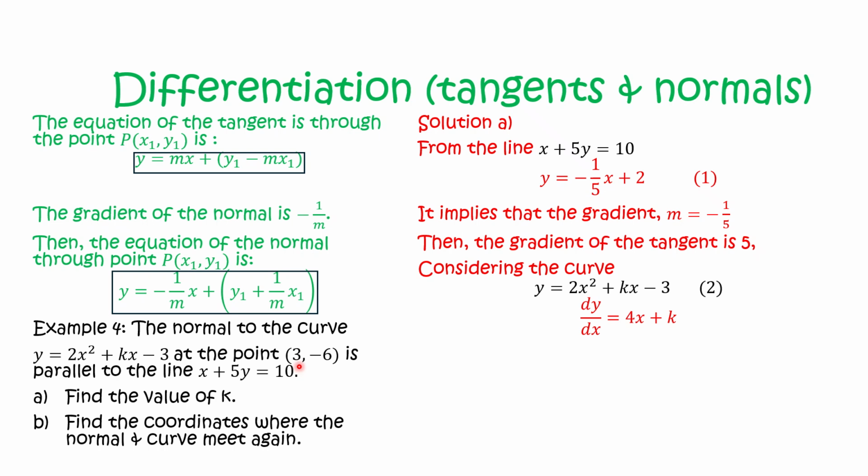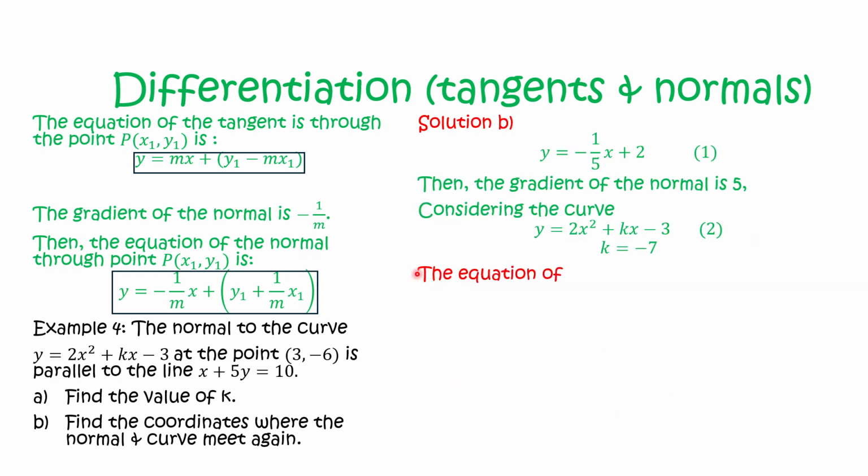So at the specific point with x-coordinate 3, f'(3) = 4 times 3 + k = 5. Now solving for k, we get 12 + k = 5. This implies that k is equal to -7. Now that we have obtained the value of k, we have answered part A. We move on to part B.